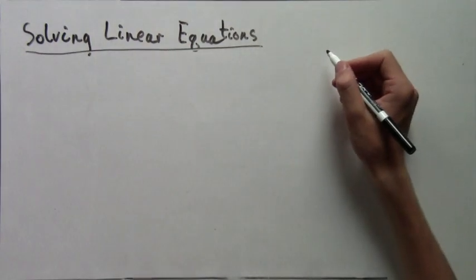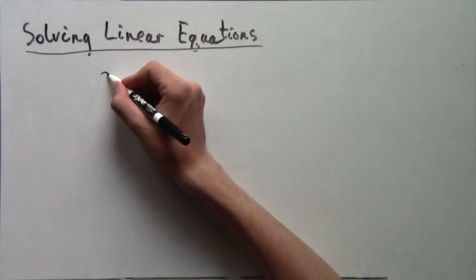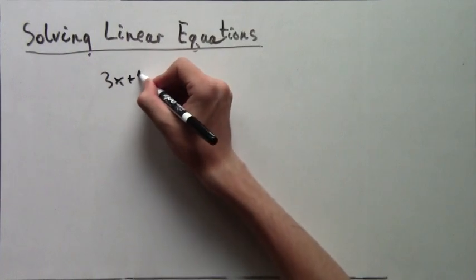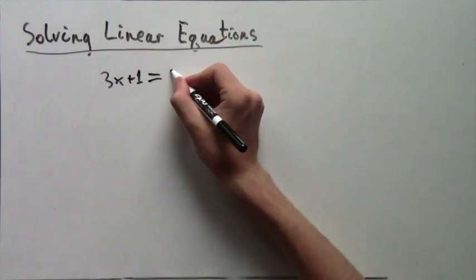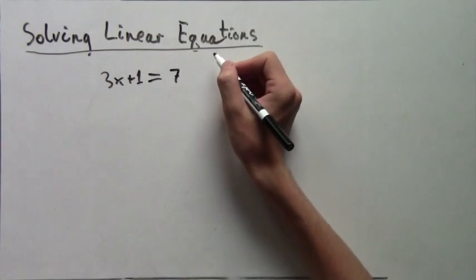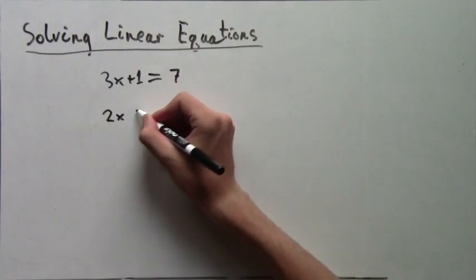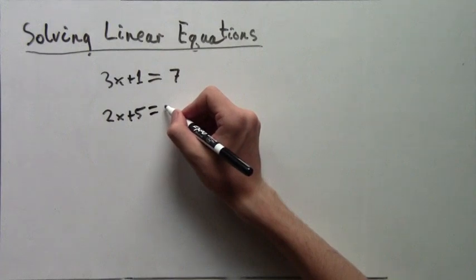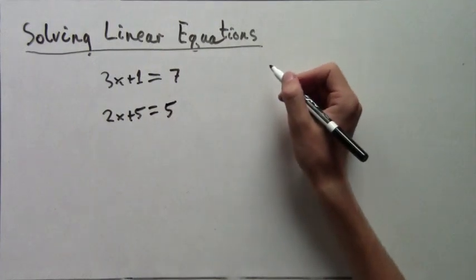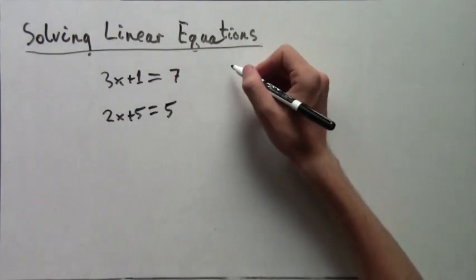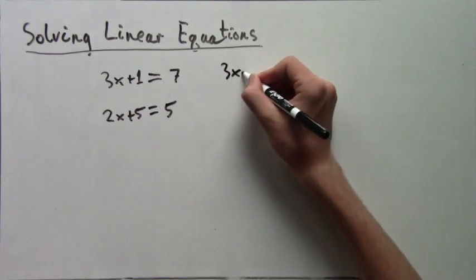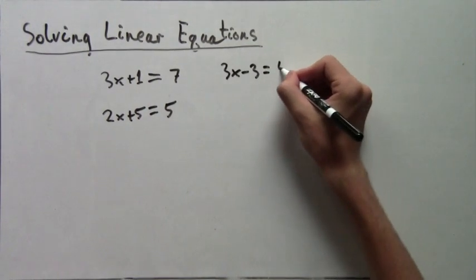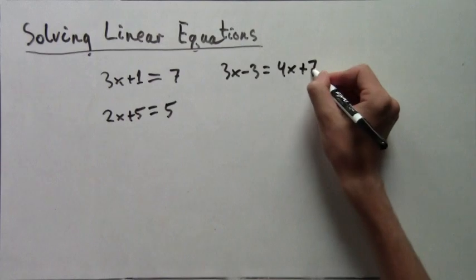One example of a linear equation is 3x plus 1 equals 7. Another example could be 2x plus 5 equals 5. Or we could have 3x minus 3 equals 4x plus 7.